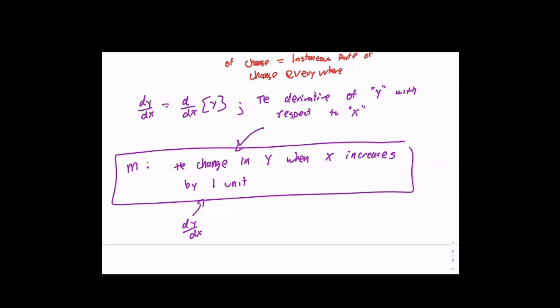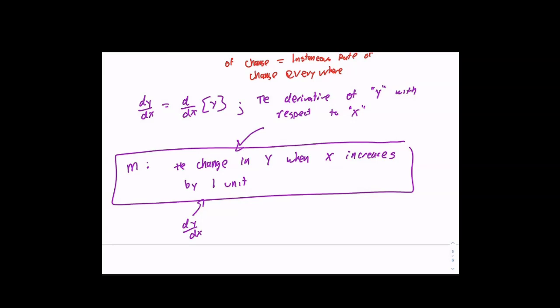Now, sometimes you can say it in reverse order. You can say that when x increases by 1 unit, y, and so forth. Those of you who were with me in AP Stats also had this type of work in regards to regression lines, but of course that was a model. This is exact, but it's the change. What is the slope? What is dy dx?